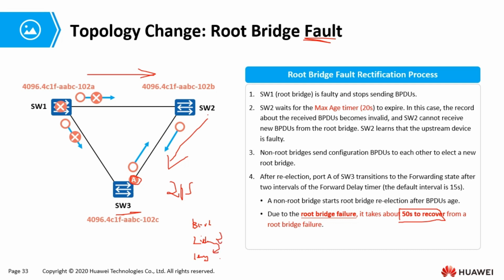So basically, it will need another 30 seconds: 15 seconds to move from blocking to listening, and then listening to learning another 15 seconds. So it will take 30 seconds plus the 20-second maximum age, waiting for the configuration BPDU. So in total, it will need 50 seconds to recover from the root bridge failure.